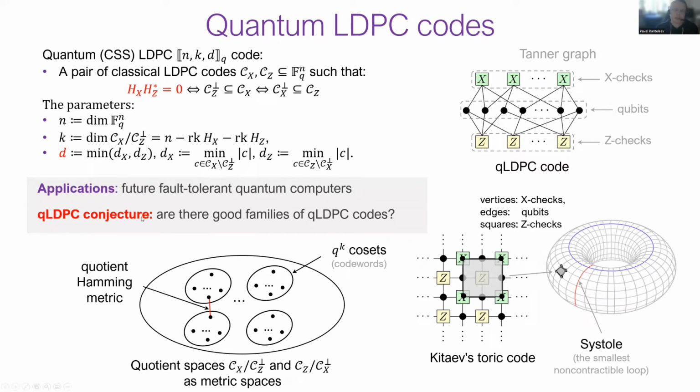Quantum LDPC codes have many interesting potential applications, and the most important of them is that they can potentially be used in future fault-tolerant quantum computers. The main theoretical problem in this area is the so-called qLDPC conjecture, which asks: are there any good families of qLDPC codes?